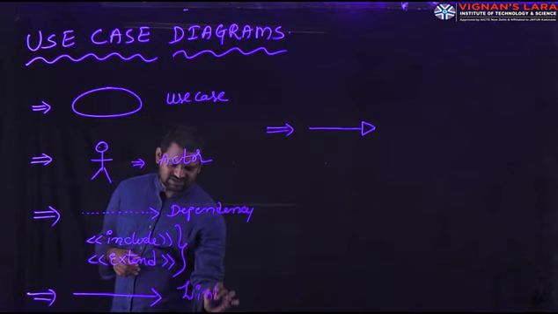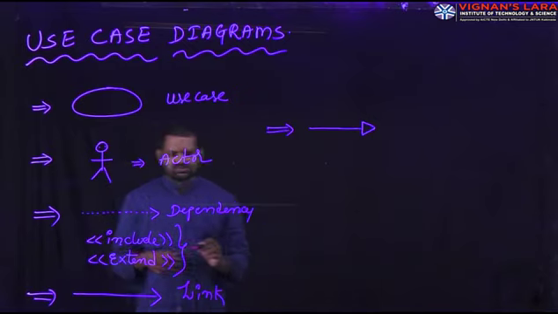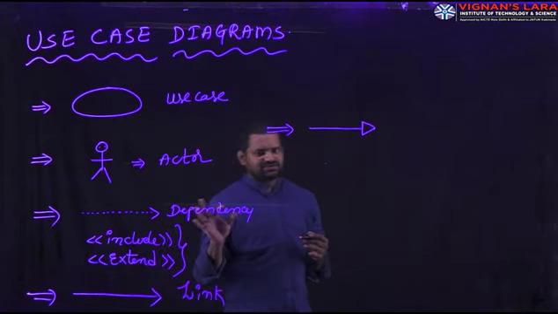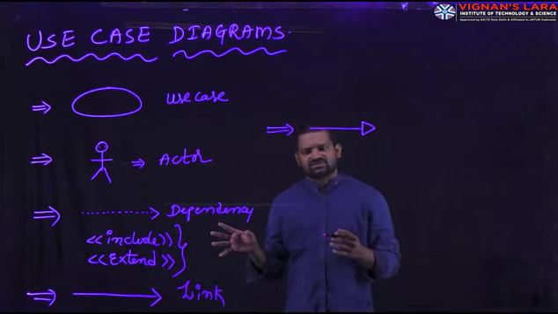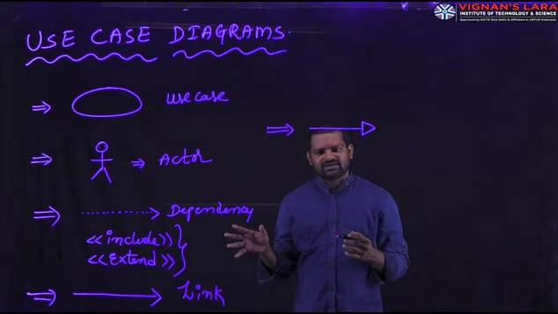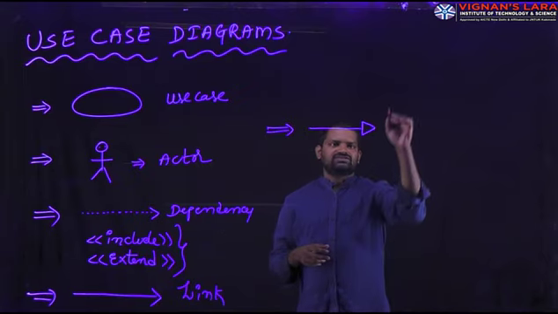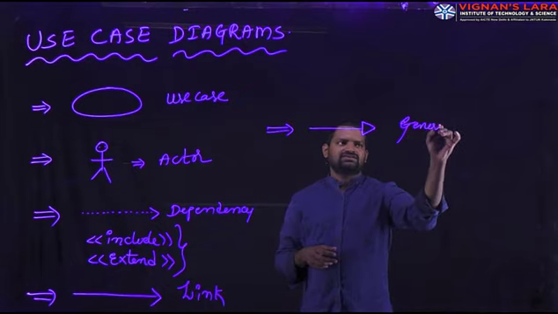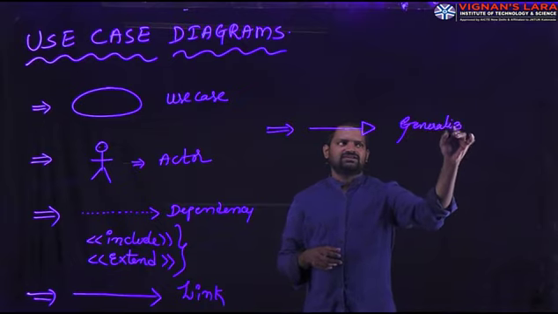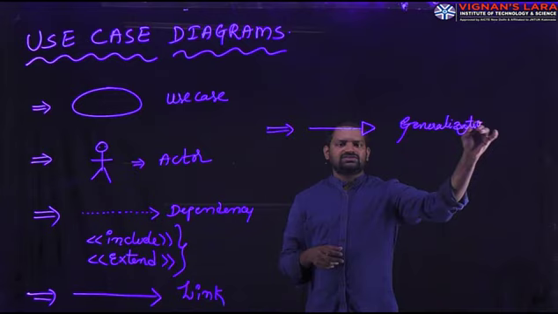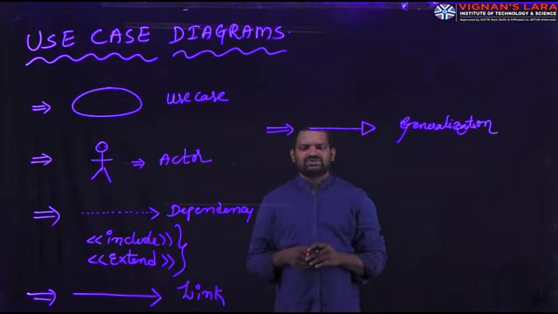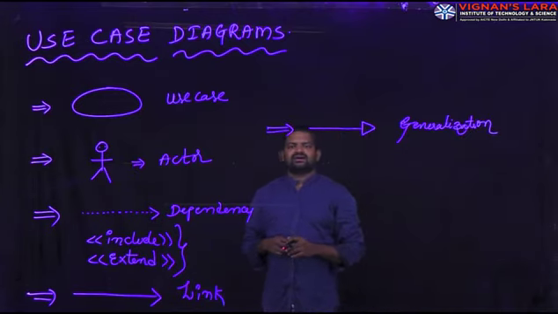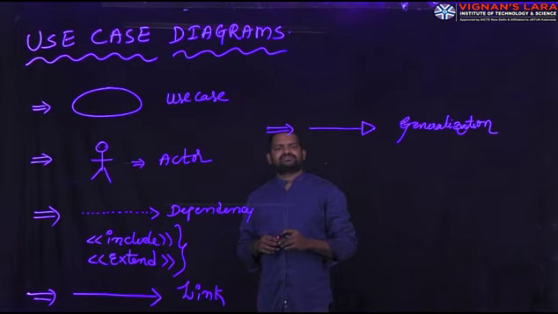This link is used to connect different use cases, use cases to actors and so on. And the next one is generalization, which is also used in the use case diagram.